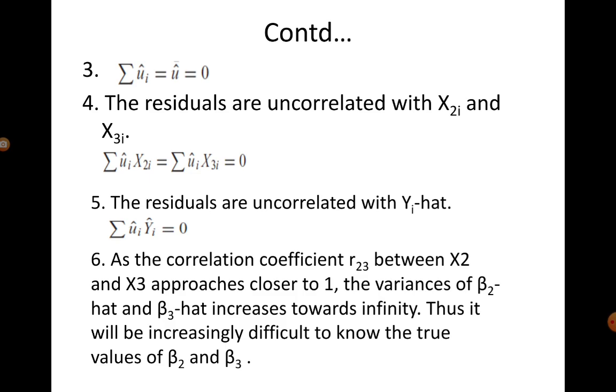So the closer the correlation between the independent variables x2 and x3, the more difficult it will be to know the true values of beta 2 and beta 3, simply because the estimators beta 2 hat and beta 3 hat are not reliable. They have very large standard errors.